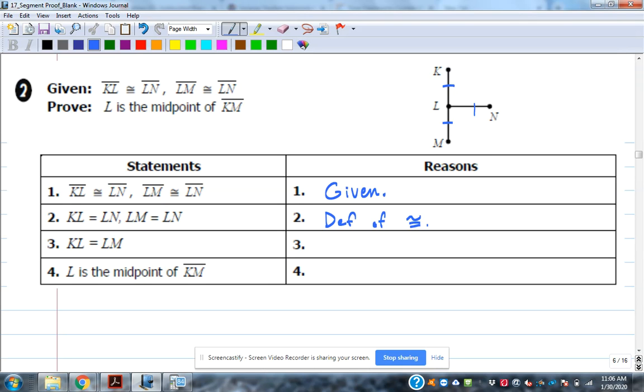KL is equal to LN. But how did we get there from the second one to the third one? Well, it's the transitive property. And then if KL is equal to LM, how does that? Yeah, that's the only thing we have about midpoints is the definition.